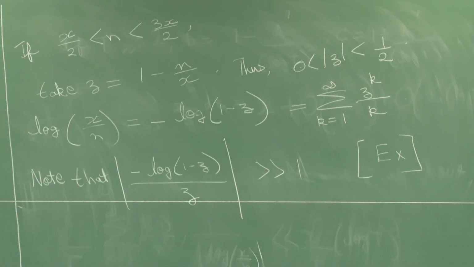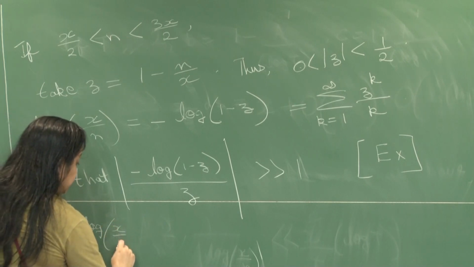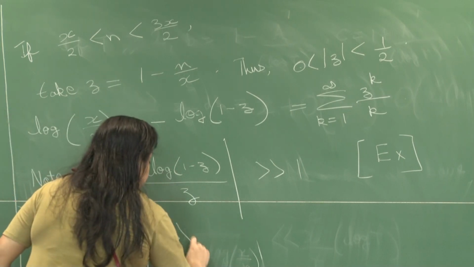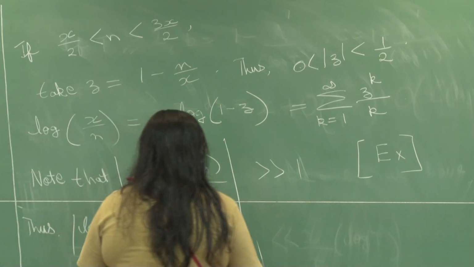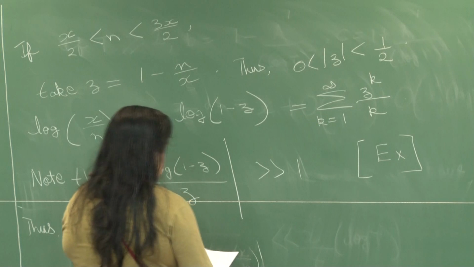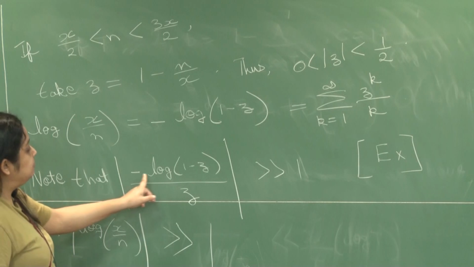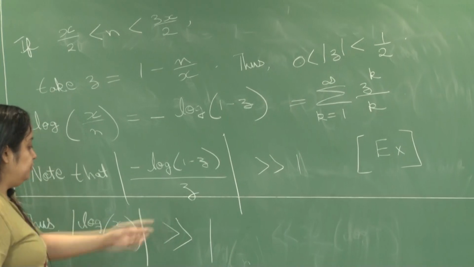And so this tells you that you can now apply this to the absolute value of log of x over n. It will turn out to have a lower bound of the form: you see, you are saying the absolute value of minus log of 1 minus z is greater than the absolute value of z. So, you just apply that.